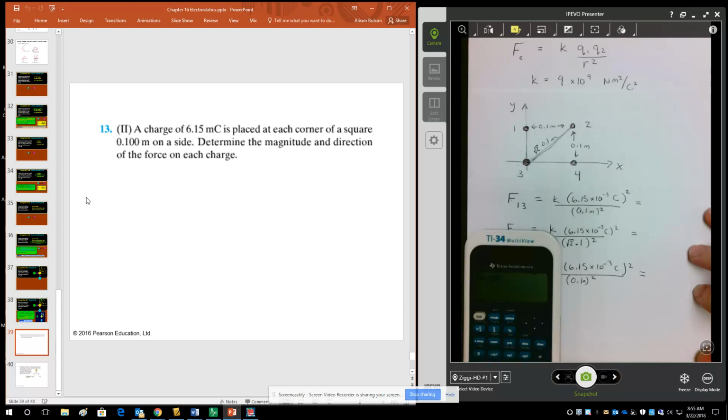Not a fan of this calculator, as I've said many times. 10 to the 9th, plus parentheses, then 6.15 times 10 to the negative 3. And I actually don't know how to make a square. Okay, so that's the top of my F13. And then I'm dividing that by 0.1 squared.